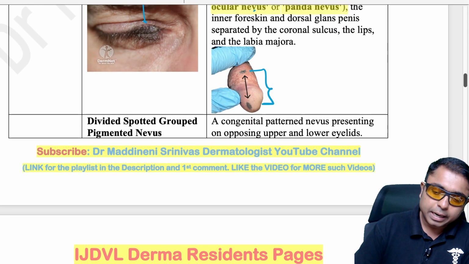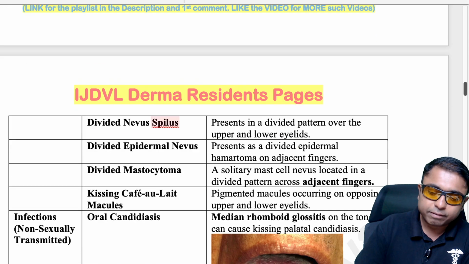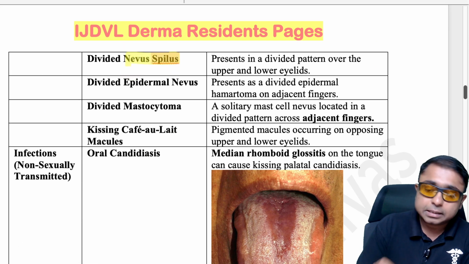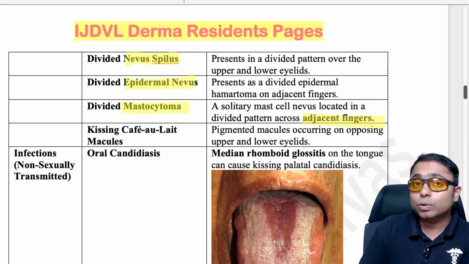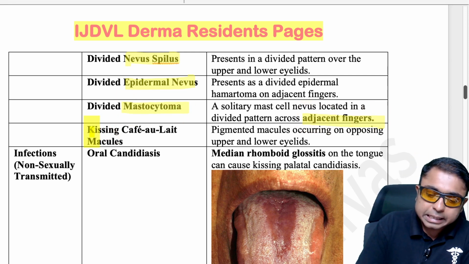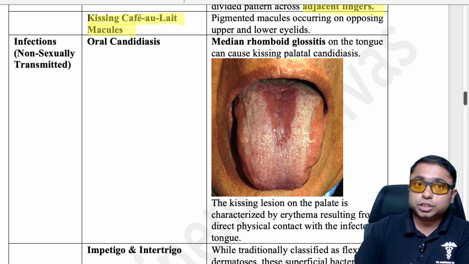Next, remember these names: divided spotted grouped pigmented nevus, divided nevus spilus, divided epidermal nevus, divided mastocytoma, which is present over adjacent fingers, and kissing cafe au lait macules. These are some of the congenital conditions.